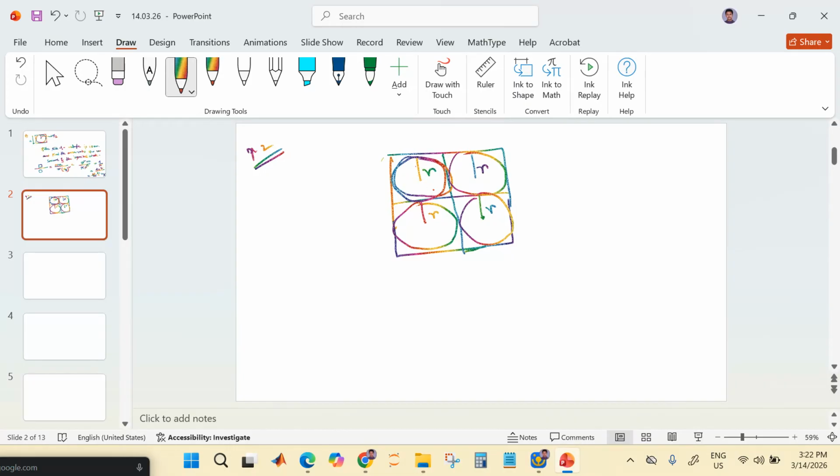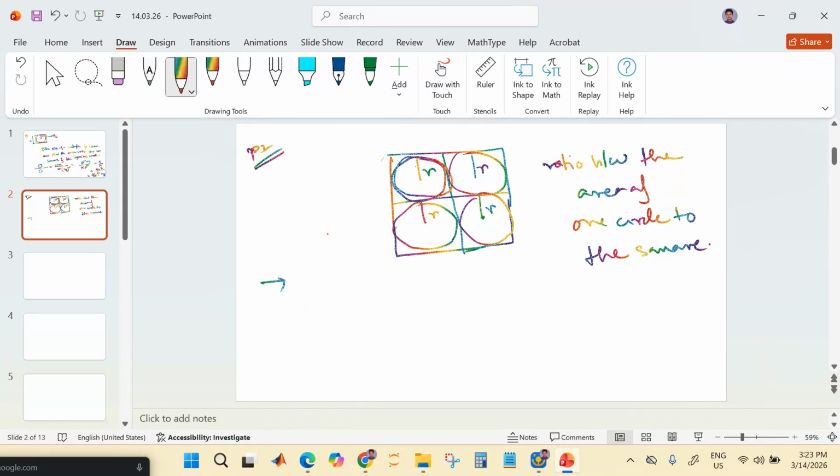Then tell me what is the ratio between the area of one circle to the square. So this is problem number 2.